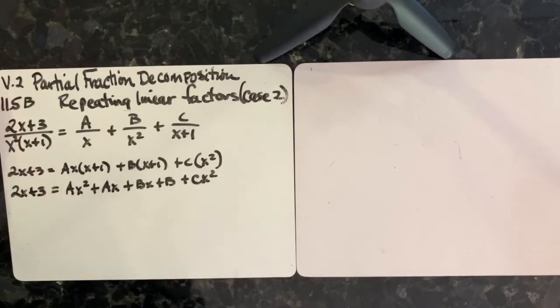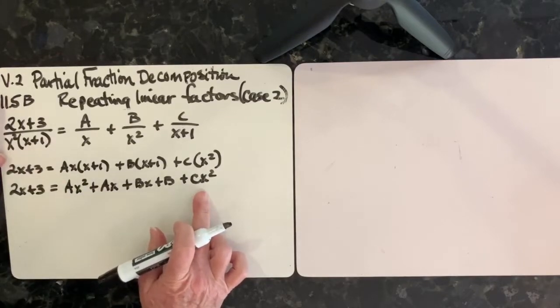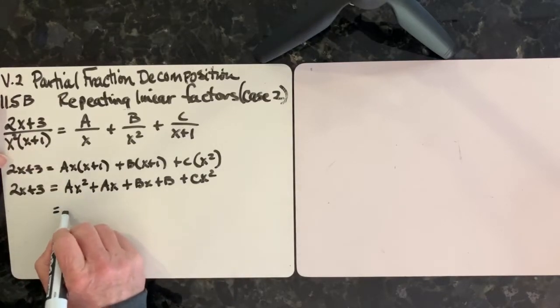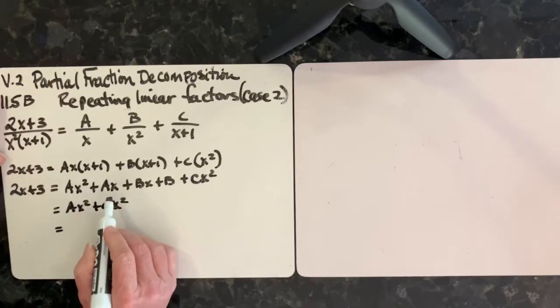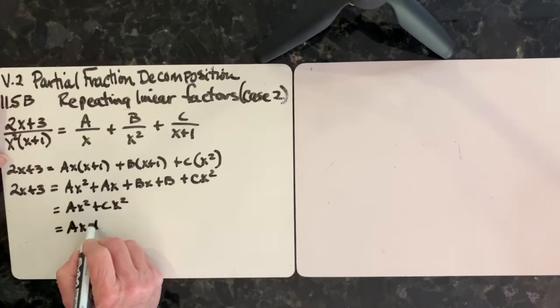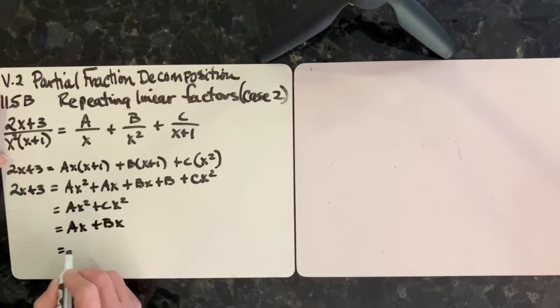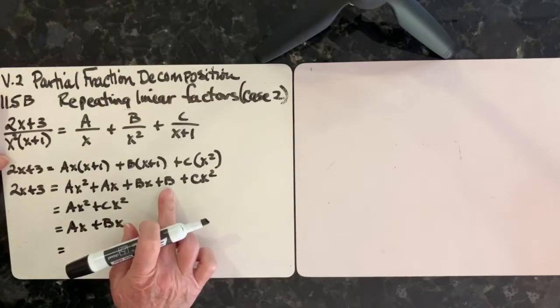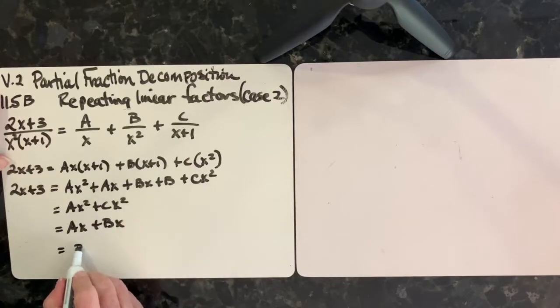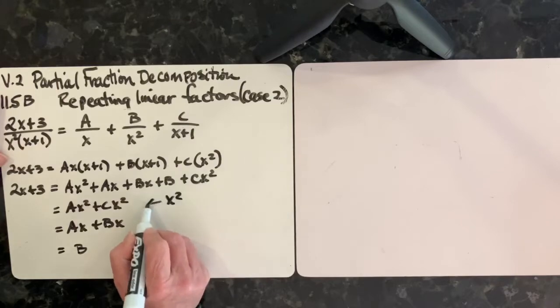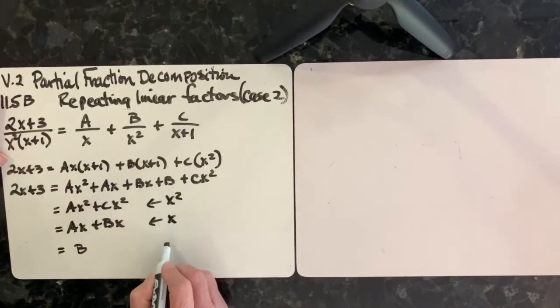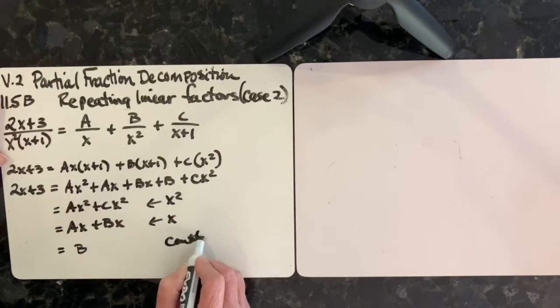I'm going to regroup these so that the x squareds are together: ax squared plus cx squared. Then I'm going to regroup the x's: ax plus bx. And then I'm going to have just this one. I only have one that's a constant, okay? So please notice, this is the x squares, this is the x's, and this is the constants.